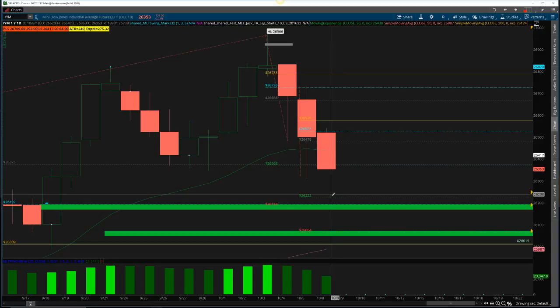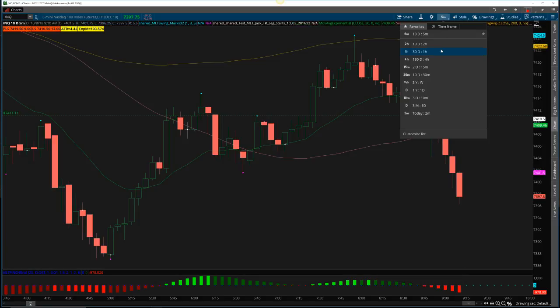So 26,192 is roughly, let's see, about 150 points below where we're currently trading. So that is on the table for me for potential support. Maybe take a Nadex trade down there, and we'll see what happens when it trades. But that's what I'm looking for in the Dow.